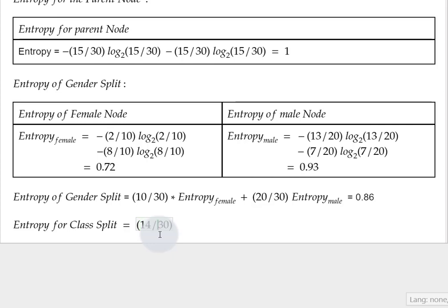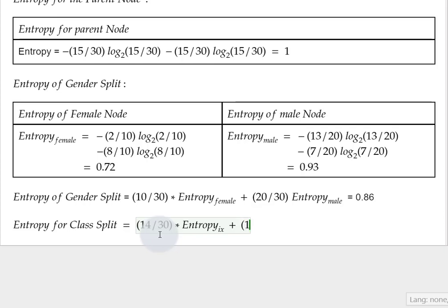So 14 over 30 into the entropy value of class 9, right? Plus we have total 16 students in class 10, so 16 over 30 into the entropy value of class 10 over here, right?